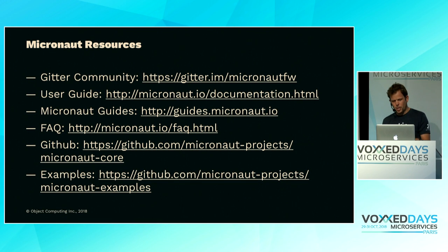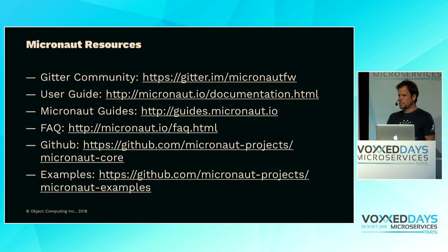Some resources around Micronaut. We have a Gitter community. Check it out there, where you can ask questions and it's very active. We have very comprehensive documentation. We've had a lot of people say, wow, what amazing documentation you have for 1.0. And we do. We have a load of documentation, a load of guides, the FAQ, the source code is there, the examples are there.